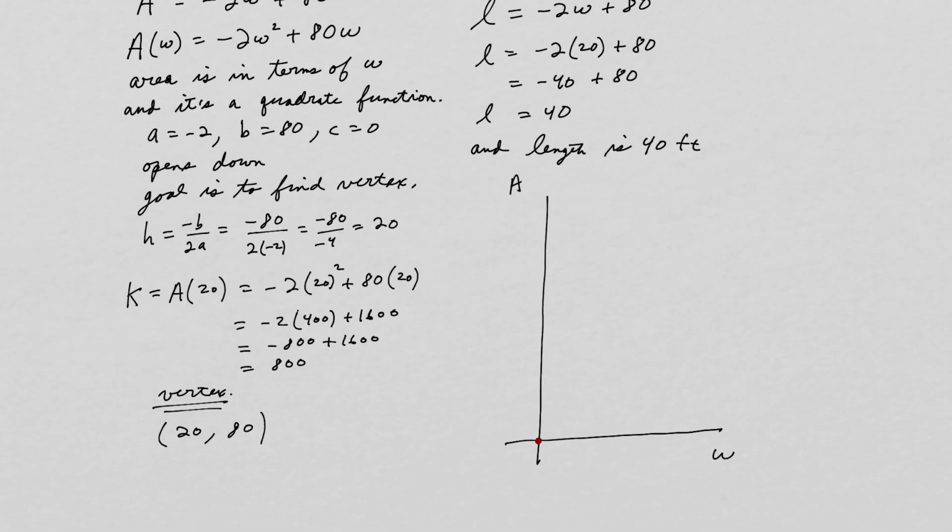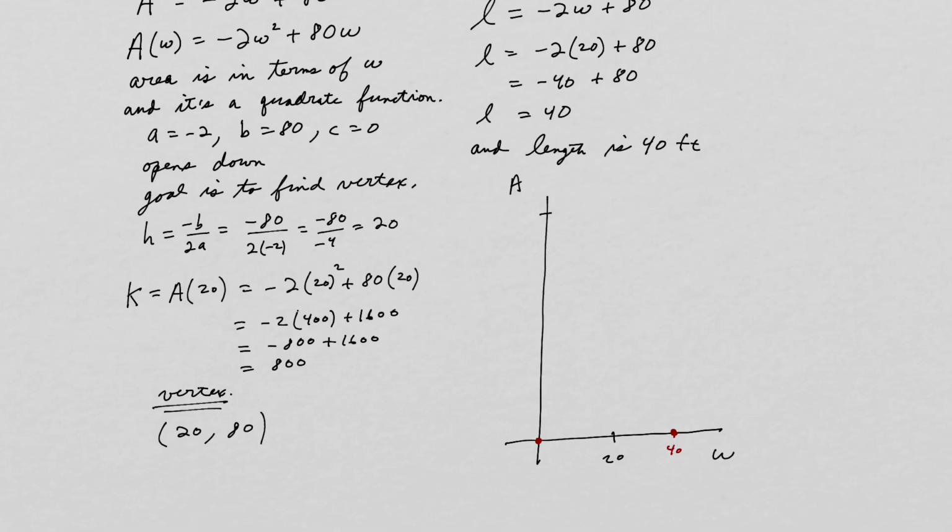So this point right here at 40 is also going to be 0. And then we know what the vertex is going to be: 20, comma, this is not to scale, comma, let's see, what is my vertex? Is it 800?